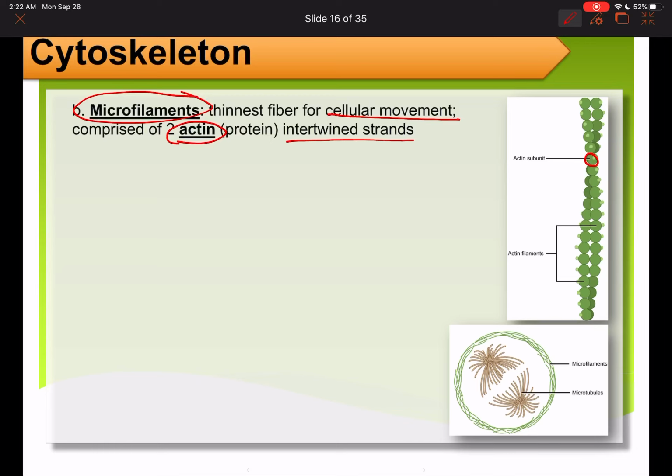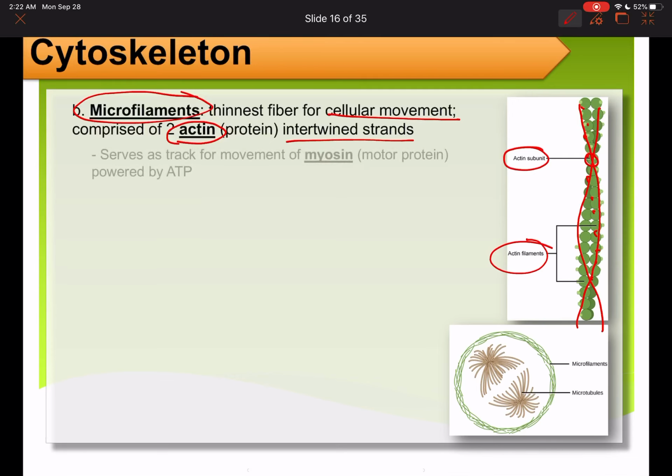One of these is an actin subunit, and they connect to each other in actin filaments, and 2 actin filaments twirl around each other like that. Usually in skeletal muscle cells, for example, the actin filament will serve as a track for the movement of myosin protein, which is a type of motor protein that has to be powered by ATP, like I was saying with skeletal muscle movement.